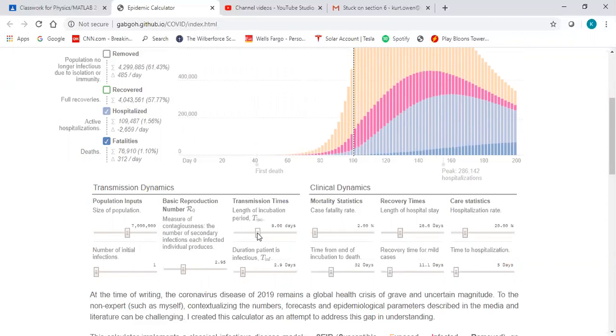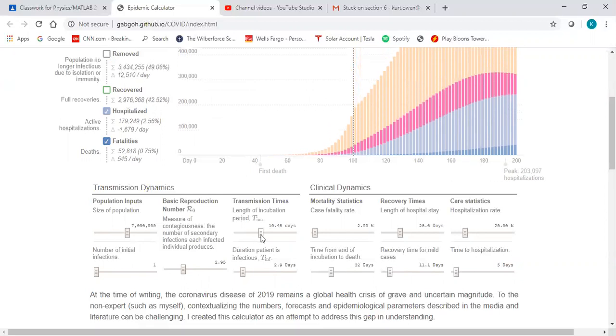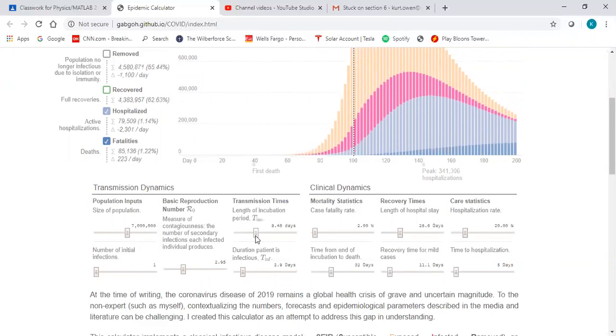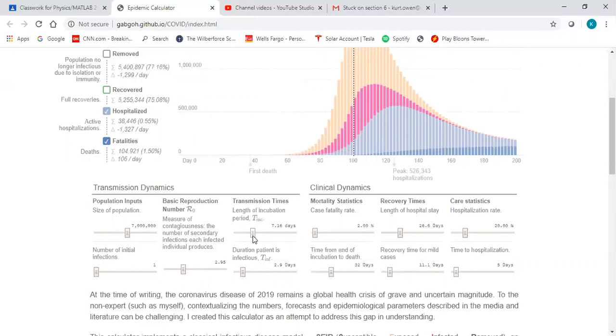The number of exposed people, it takes longer for the exposed population to switch into the infected population, so it drives everything over to the right. Doesn't necessarily make it better, it just delays the inevitable. So this incubation time creates a delay between people getting exposed and actually manifesting symptoms.